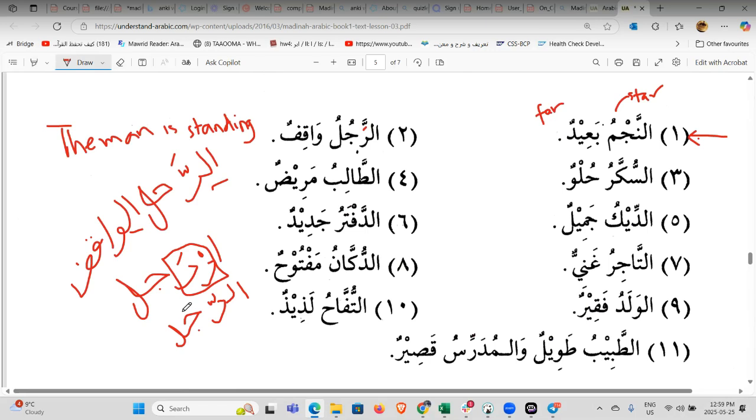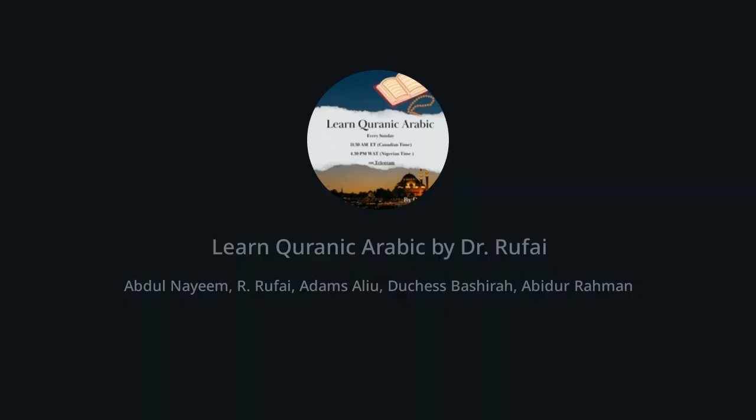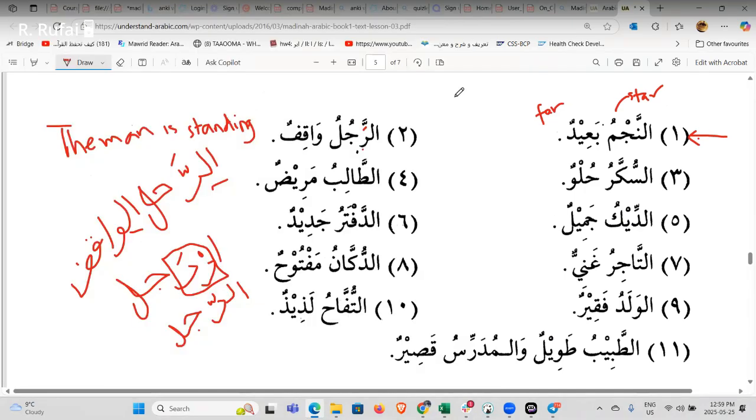Is it clear? There's a name for letters where we have this behavior. These are called the sun letters, al-huruf ash-shamsiyya. The ones that we've seen up to now, where you always pronounce the lam, are known as al-huruf al-qamariyya, the moon letters. Al-huruf means letters.